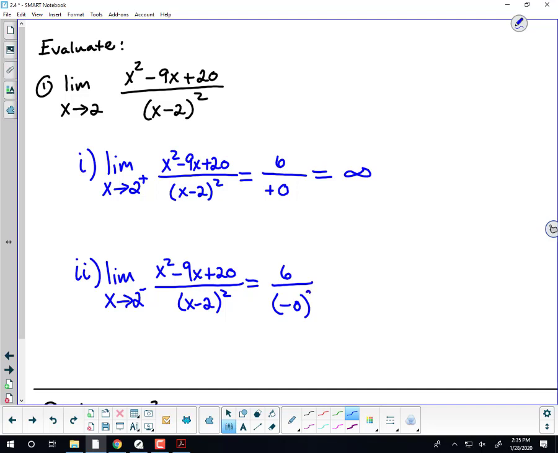And then we've got that squared. So if you like that notation, use it. It doesn't matter what notation you use. We could have written this one out as 6 over a small negative number that's being squared. It's equally as efficient, I think.